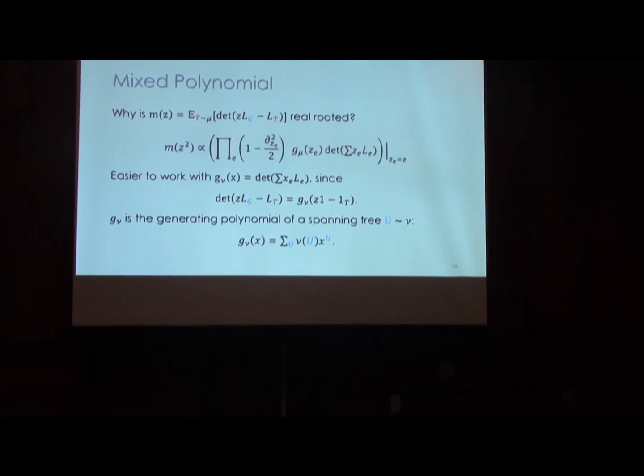So now we have to show that this thing is real rooted, and basically I've already said that this reduces to showing this identity. This is the same identity as before, and I've already shown that this entails that this multivariate polynomial has to be real stable, and its univariate restriction has to be real rooted.